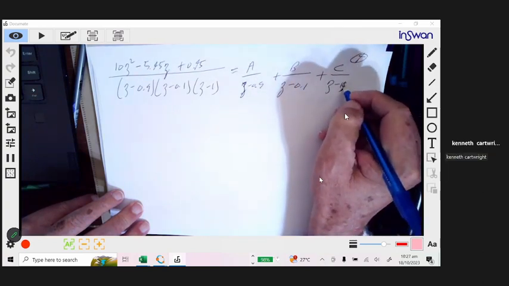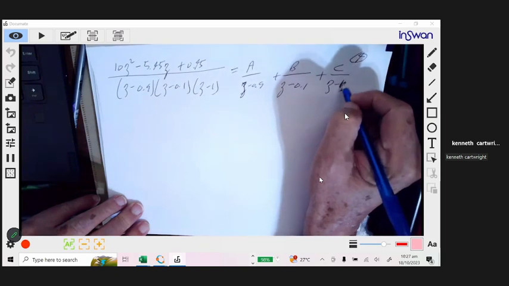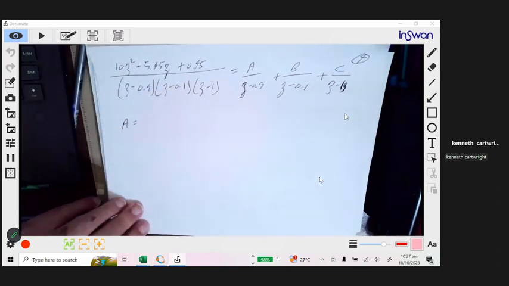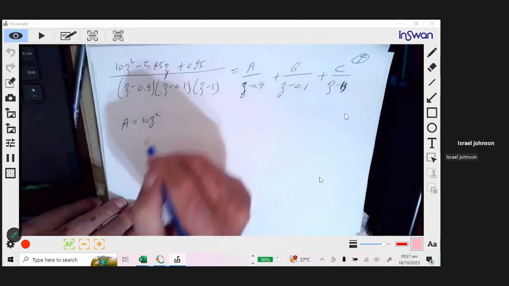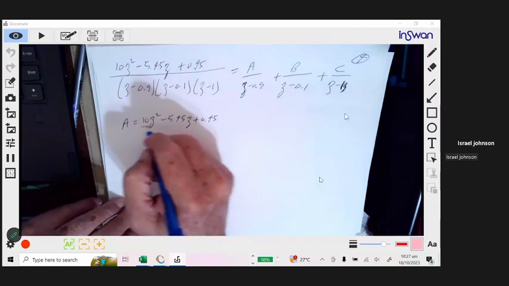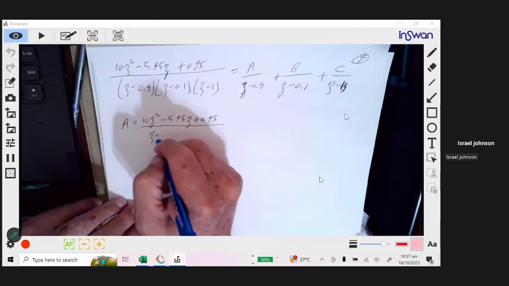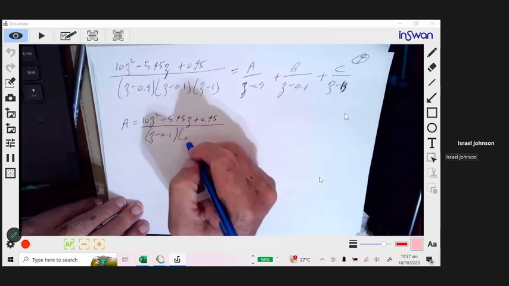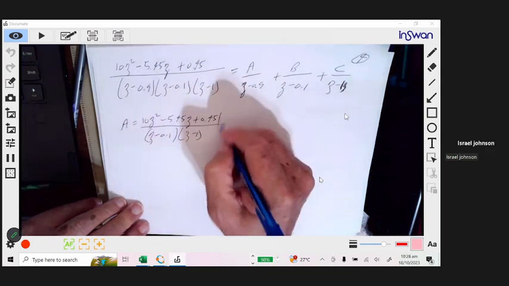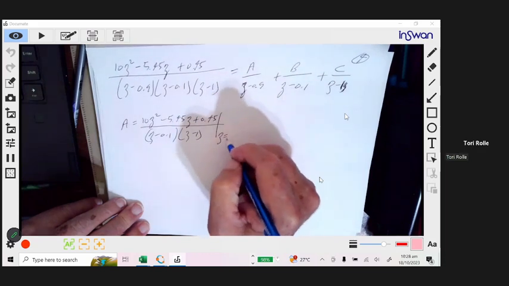And what's A going to be equal to? That would be 10z squared minus 5.45z plus 0.45 over z minus 0.1, z minus 1, evaluated at positive 0.9. Yes, z equals 0.9.